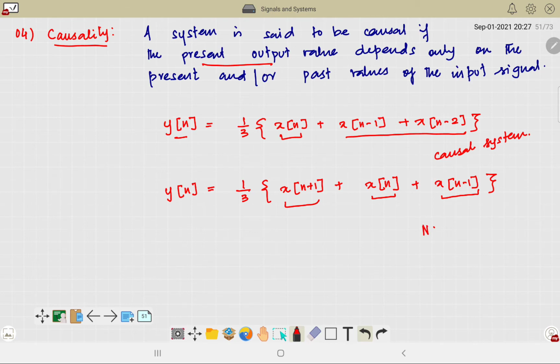So we say that this is a non-causal system. Right? So it depends upon what samples exist in your system equation. Right? Again, very important property. We'll be studying this a lot for different characterizations.